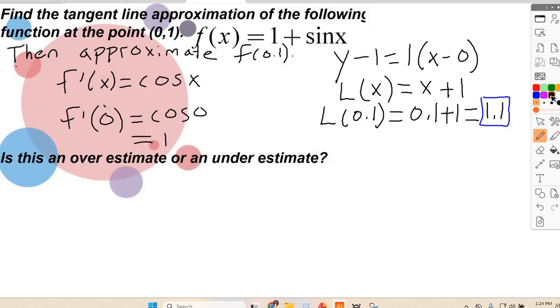Make sure you are in radians. 1.00998. Yeah, it should be 1.0998, right? But what does 1.0998 round to? 1.1, right? So our approximation was fairly close, yes?